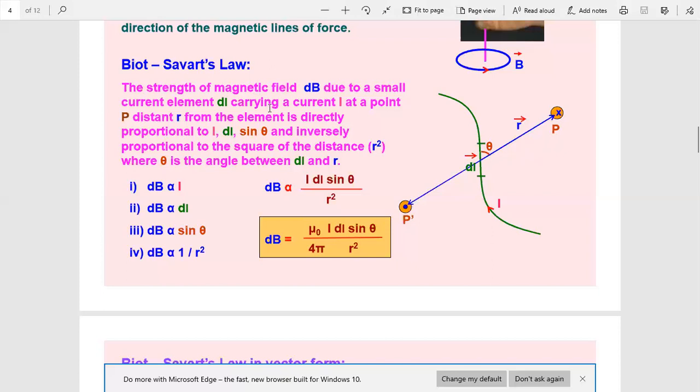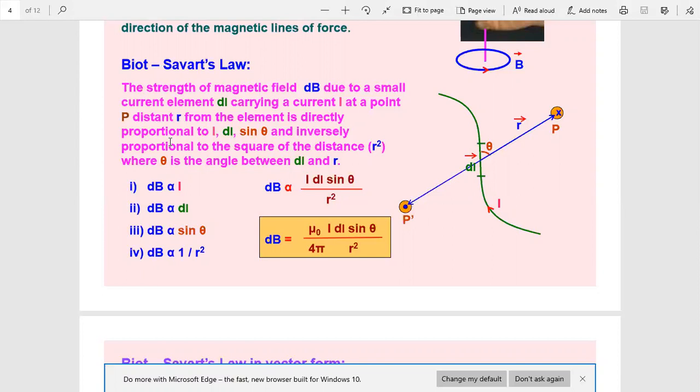According to Biot-Savart, the strength of magnetic field dB due to elementary current, that is, an elementary part of the conductor, due to a small current element dl carrying a current I at a point P, which is at a distance r from the elementary current, is directly proportional to the current passing through the conductor, also directly proportional to the elementary length of the conductor, and directly proportional to the sine of the angle between the current vector and the position vector of the point where magnetic field is to be determined.